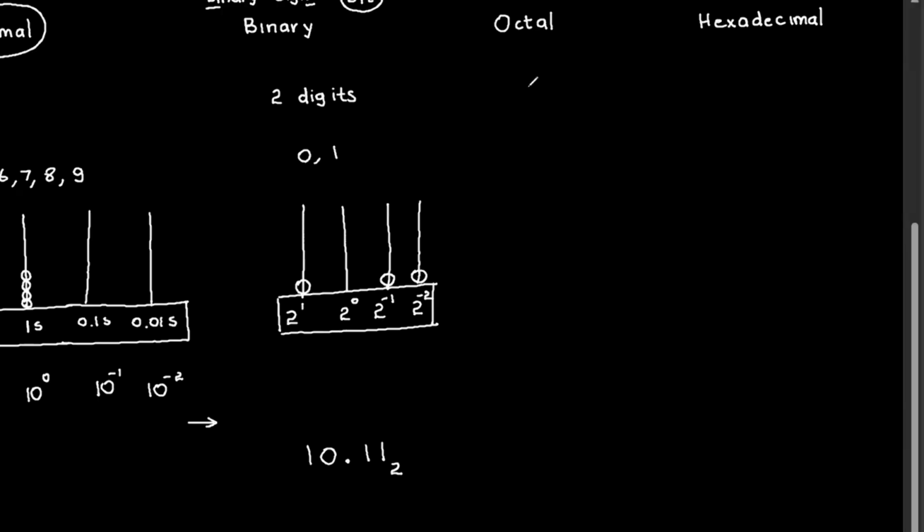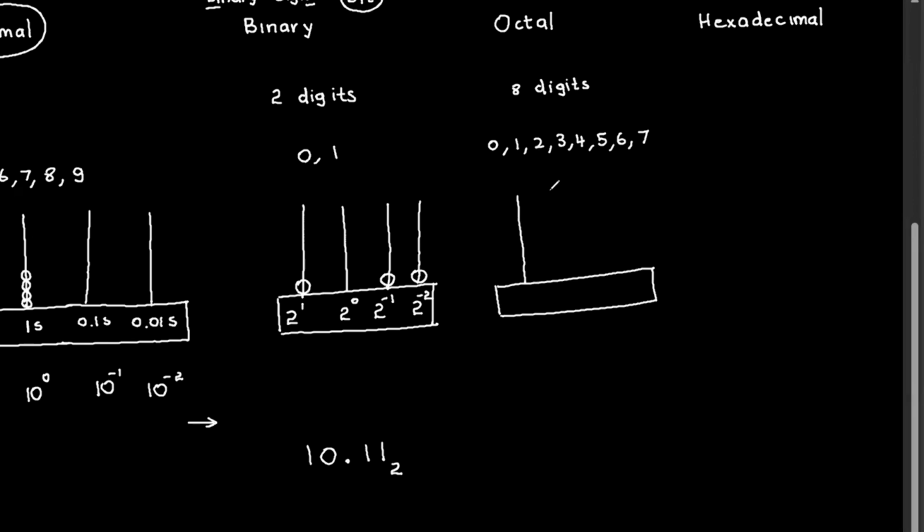Similarly, we have octal. The octal number system has 8 digits in it, from 0 to 7: 0, 1, 2, 3, 4, and then 5, 6, and 7. Here also the place value is determined by using the powers of 8.